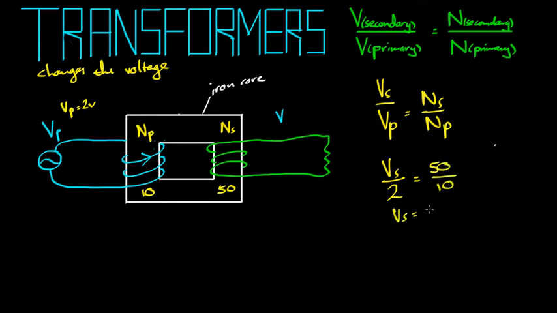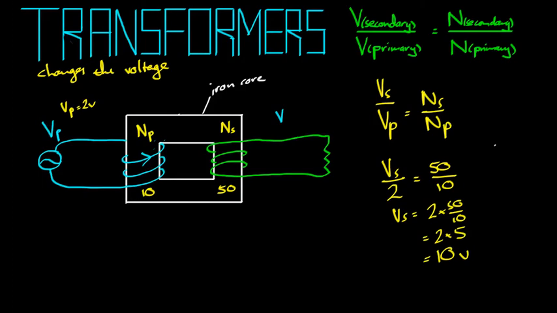Getting Vs by itself, 2 times 5, 10 volts. So since there are more loops on this coil than this coil, there's more voltage around this circuit than this circuit here. This is known as a step-up transformer.